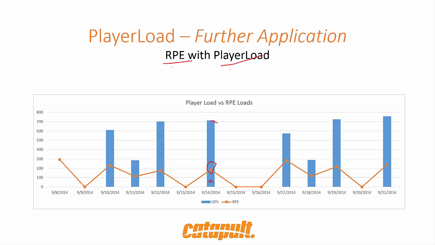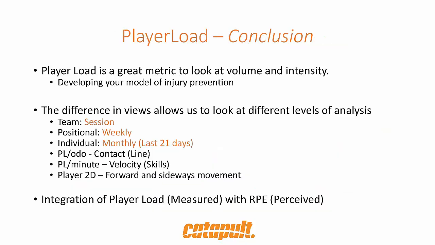It shows pretty clearly, okay, what's the difference here, and why is there a difference? It basically lets you ask the questions and dig deeper into that level of analysis and looking at the data that way.